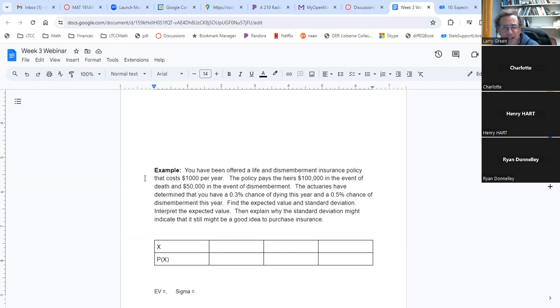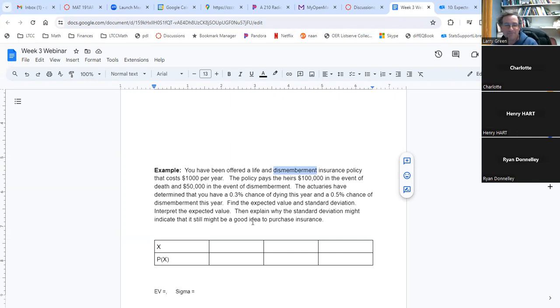Okay, so here's the next example. You've been offered a life and dismemberment insurance policy that costs $1,000 per year. Just to make sure, because I know a lot of people have trouble with this word, do you know what the word dismemberment means? There's an English word. It's not a math word. Yeah, that'd be like injury.